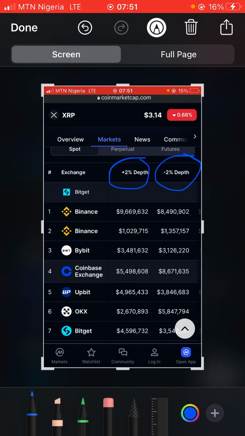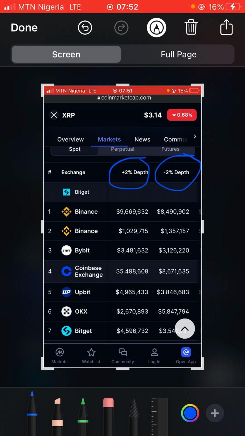And the minus 2% depth is the amount of money that the buyers are putting in. So if the plus 2% is bigger than the minus 2%, it signifies that the coin is likely going to drop in price to grab those liquidities before moving up. If the minus 2% depth is more, it means the coin is likely going to increase in price to grab the liquidity, before probably dropping down.